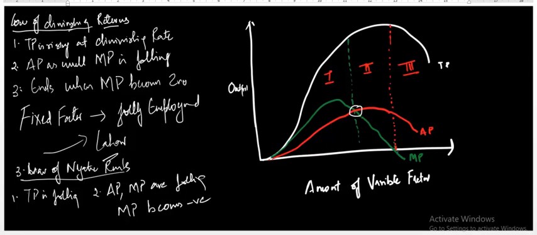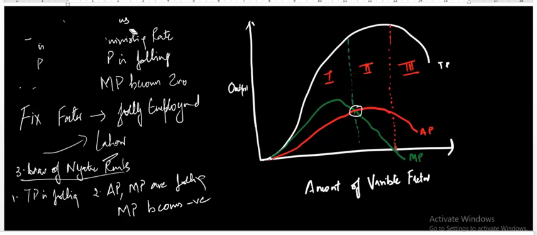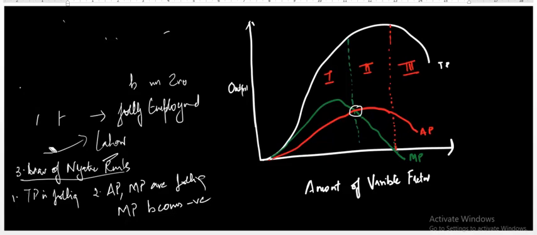Now, another factor that we have to talk about is, in which stage should a producer operate? Should he operate in stage 1? Should he operate in stage 2? Or should he operate in stage 3? What will a rational producer do? In which stage is he going to operate? That we will talk about now.